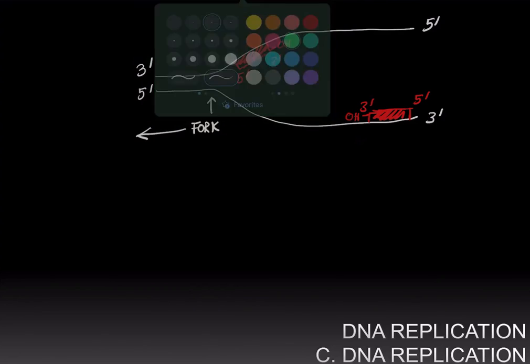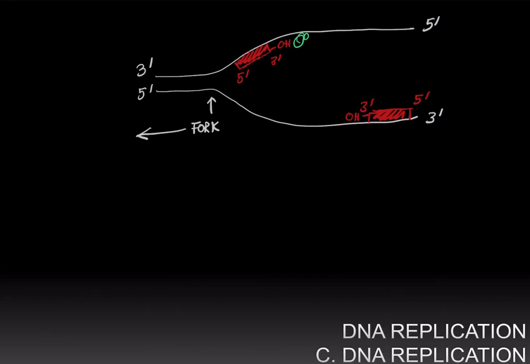The polymerase is going to start to synthesize the daughter strand in the 5' to 3' direction.